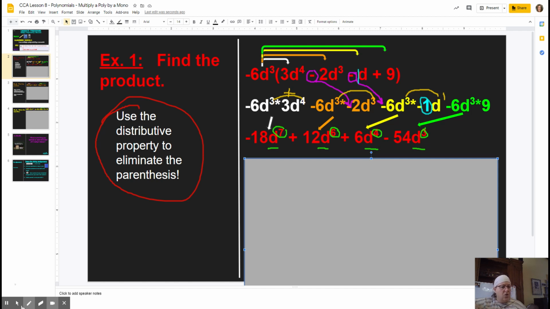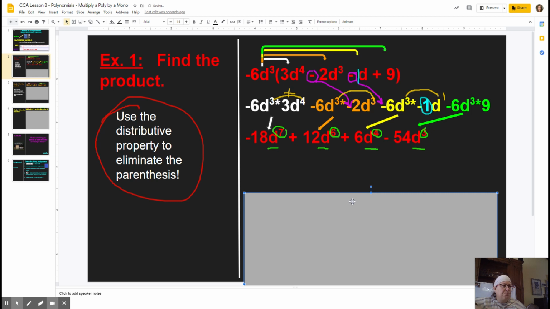Okay, so that would actually be your final answer, completely simplified with that one. Again, what did we do? Take whatever's outside parentheses and distribute it or multiply it with what's inside. Okay, before we take a look at the second example, what questions do you have on the first one?